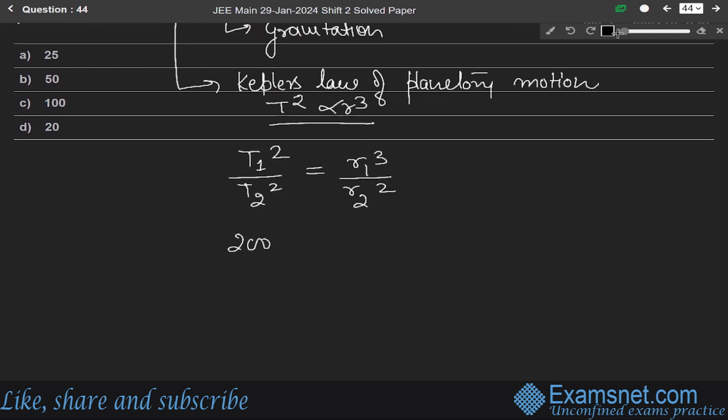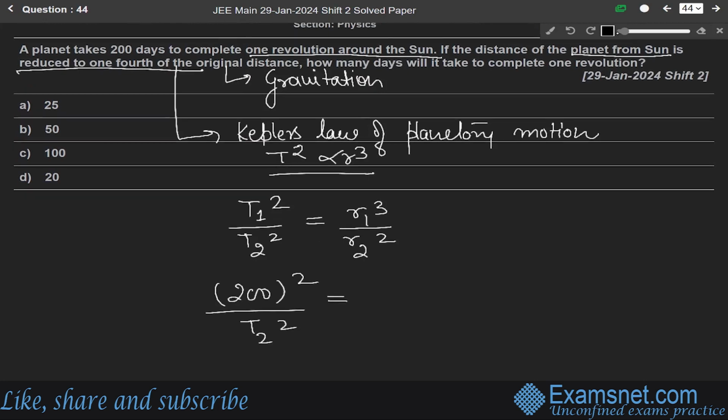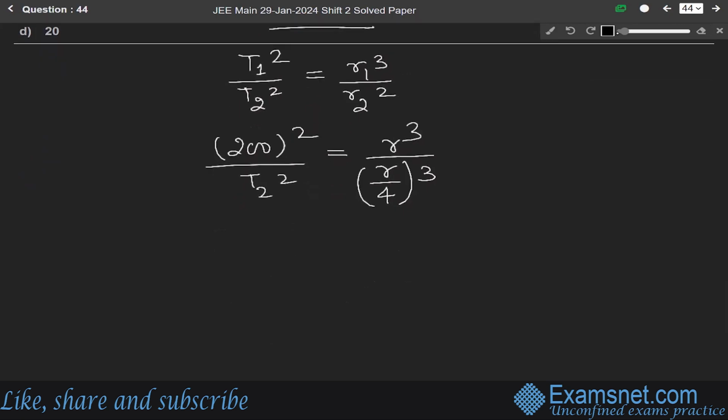Now T1 is 200, so 200 square over T2 square is equal to R1 over R2 cube. If this is R cube, this will be R by 4 cube, since it is reduced to 1/4.